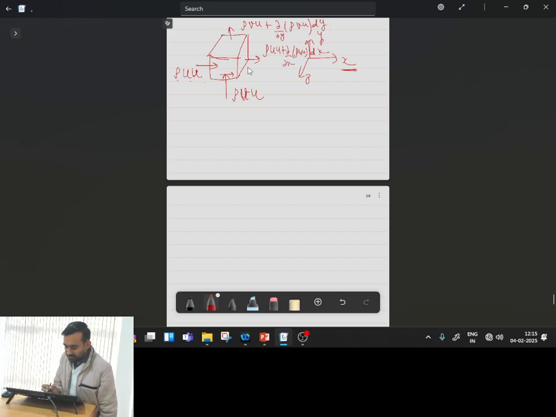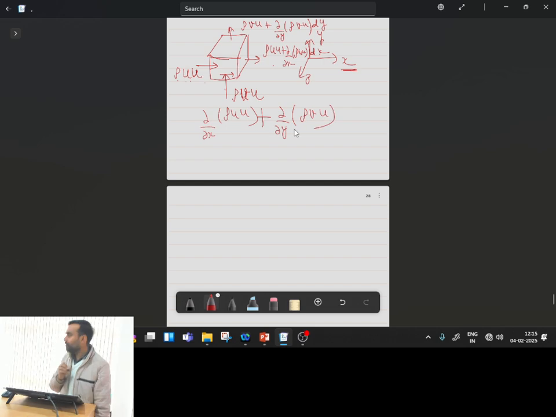Now you can see when I take this momentum minus this momentum, from this I will be getting del by del x of rho uu, plus from this momentum in y direction, I have mass flow rate in y direction but momentum in x direction. I will be getting del by del y of rho v into u.